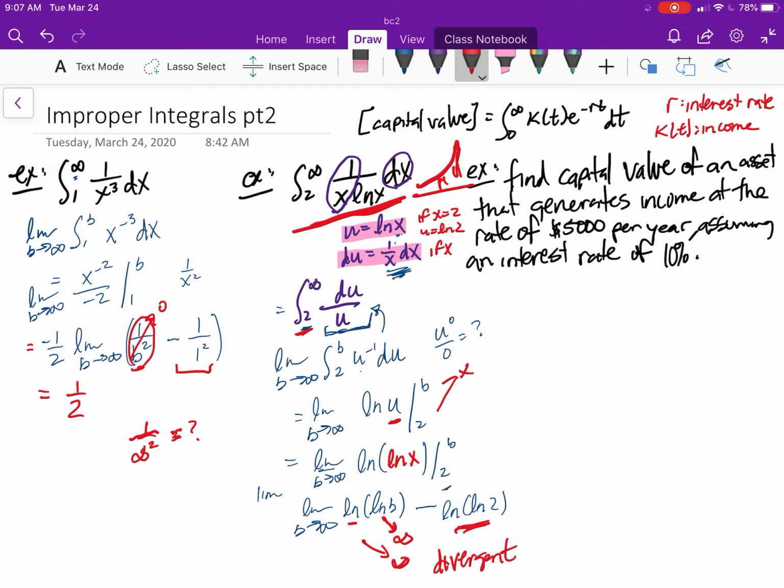And if x is infinity, then u would be ln infinity. So that changes at this point. If I'm in terms of u right here, my bounds now would not be 2 and b, they would be ln 2 and ln infinity.